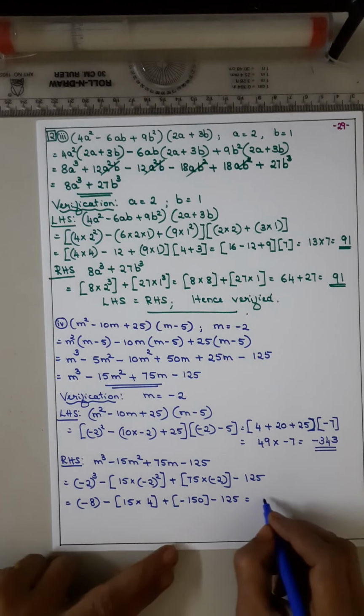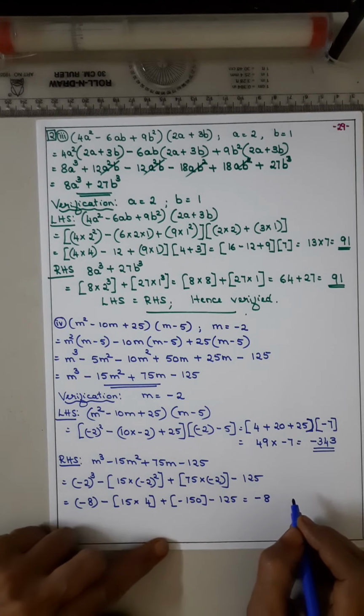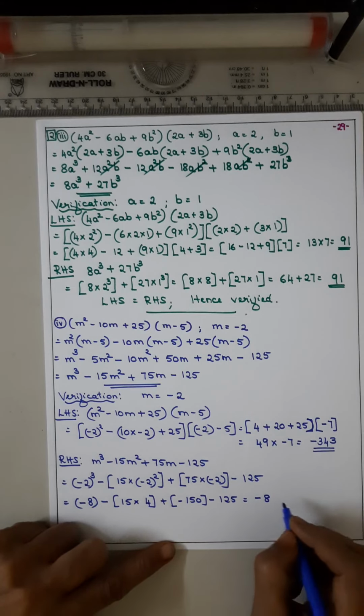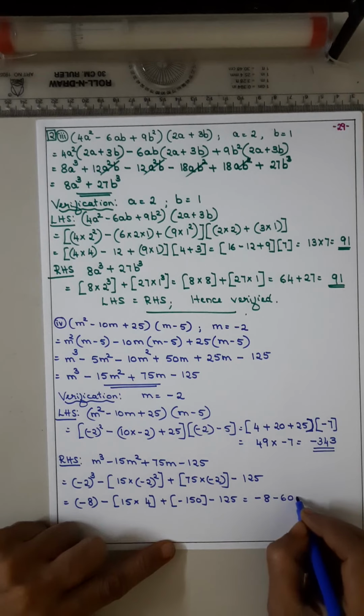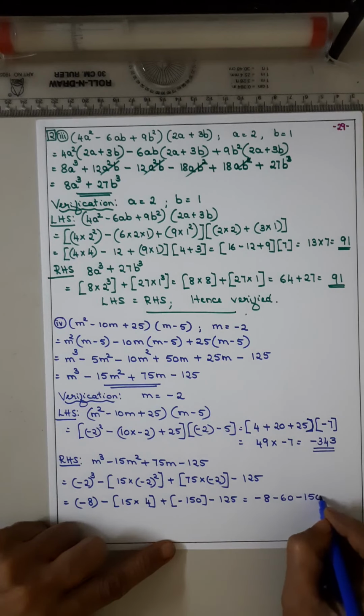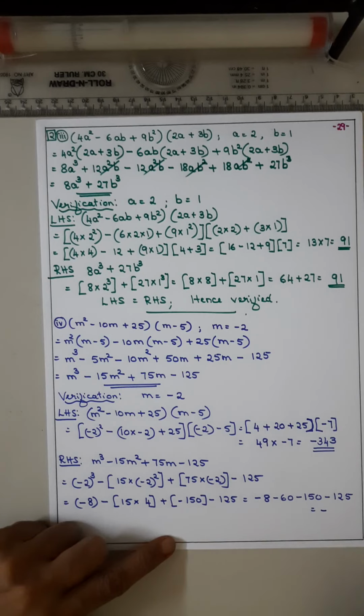So it will be minus 8, 15 4s are 60, so minus 60, plus minus minus, minus 150, minus 125. Now add all, it will be minus, isn't it?